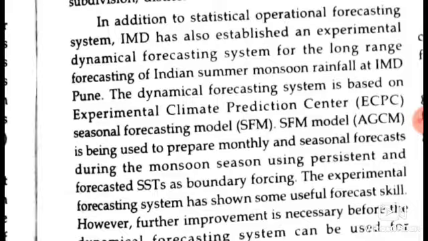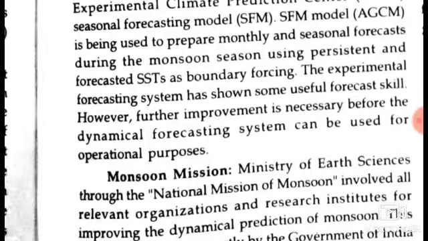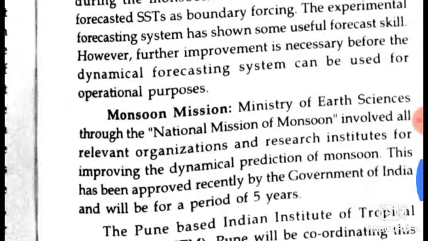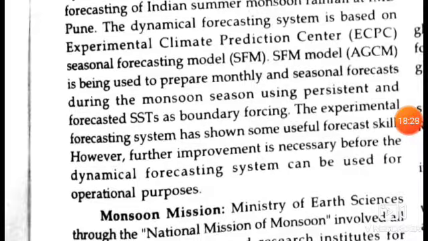The SFM AGCM is being used to prepare monthly and seasonal forecasts during the monsoon season using persistent and forecasted SST as boundary forcing.